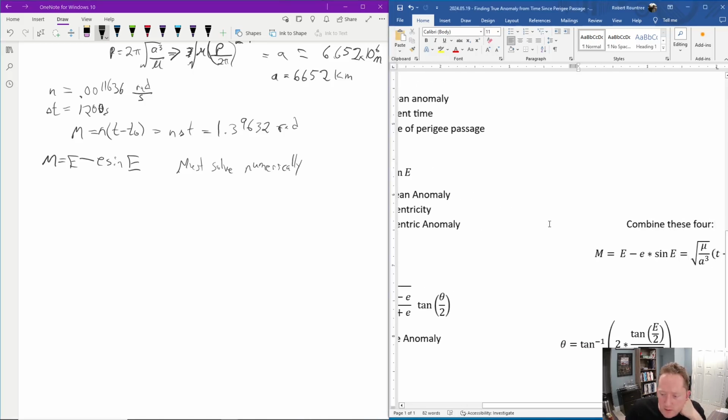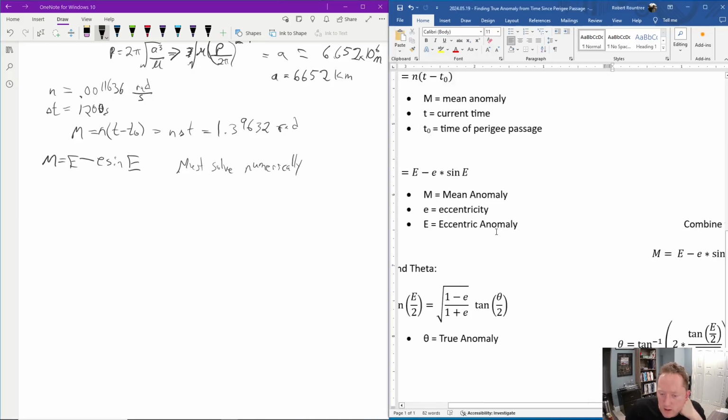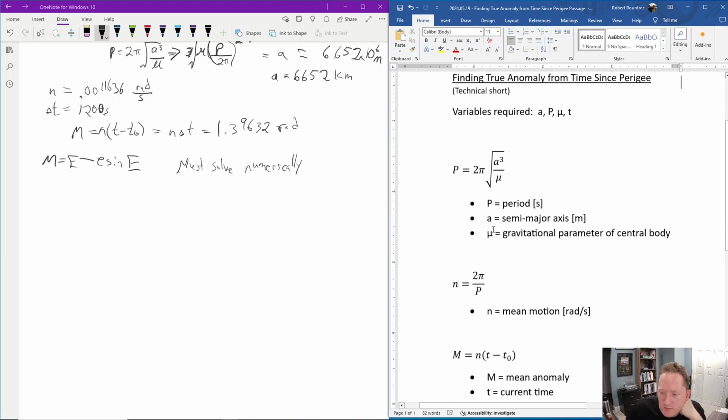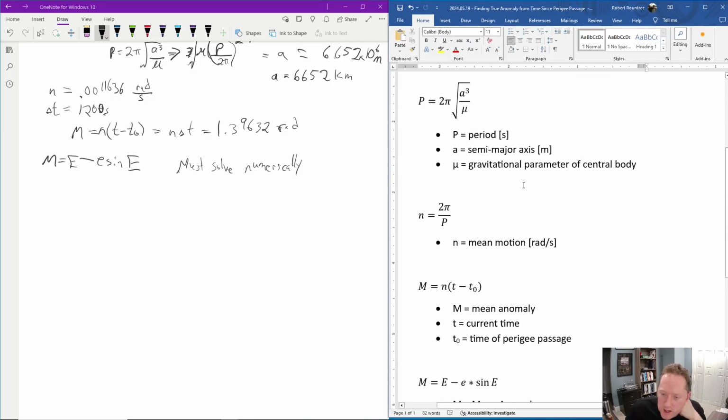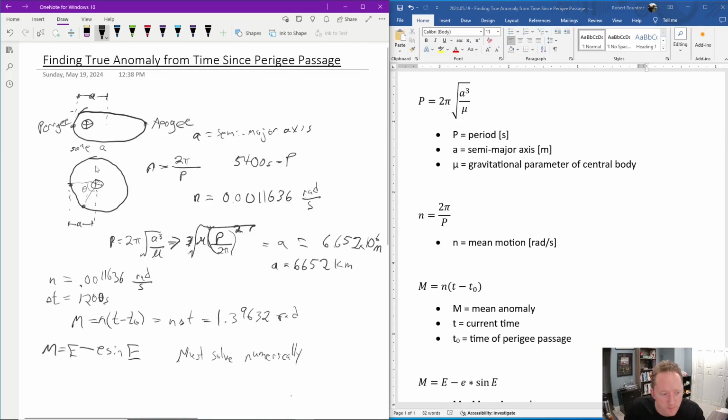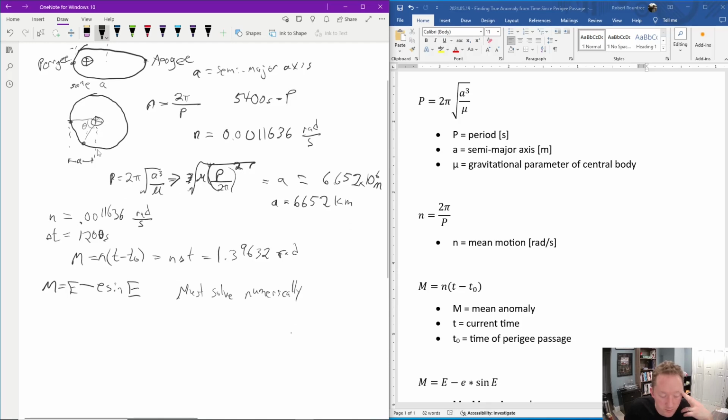Another thing worth noting is that we went through this step by step, hopefully in a somewhat intuitive fashion, from your period, to your mean motion, to how far you would be on a circular orbit past your perigee.